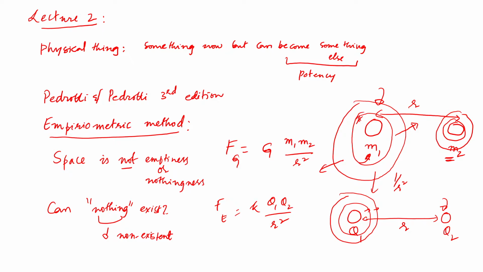So fields are also property of space. And you can see that from here you could say that light, which is nothing but electromagnetic radiation, is also a property of space, right? So light is a property of space.